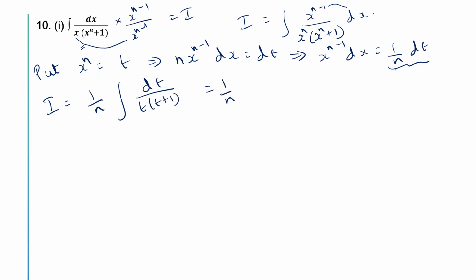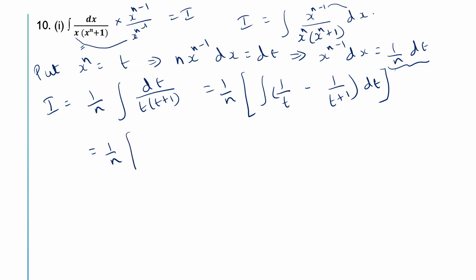Now this is very easy. This is equal to 1 by n into integral 1 by t into t plus 1. We can write it as 1 by t minus 1 by t plus 1 into dt. If it is an open question where steps are required, then we have to find it using A and B. If it is an MCQ, we can do like this directly.